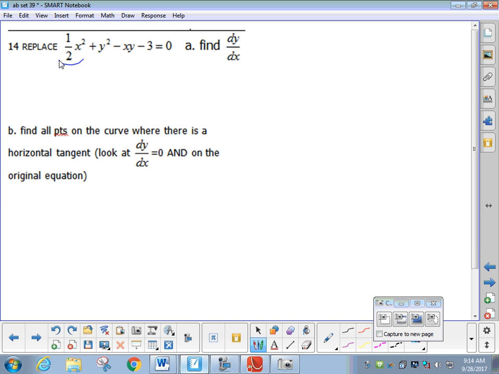Of course, if you use your notes. When I take the derivative of each, I take the derivative of the function, then the derivative of the variable with respect to x. So the derivative of this is 2 halves x to the first, then derivative of x with respect to x, which is just 1, right?